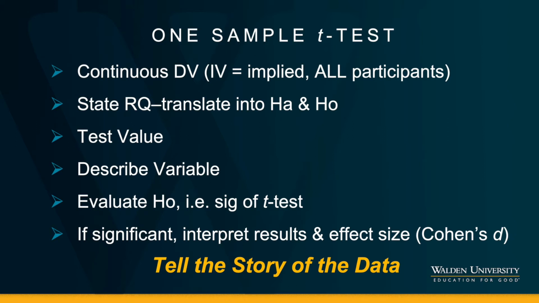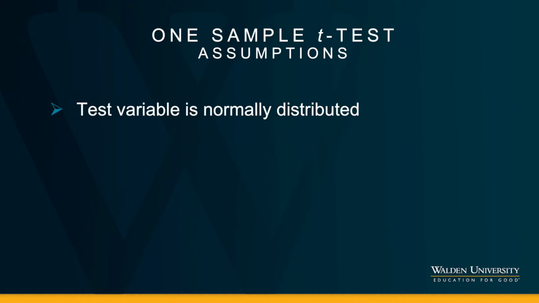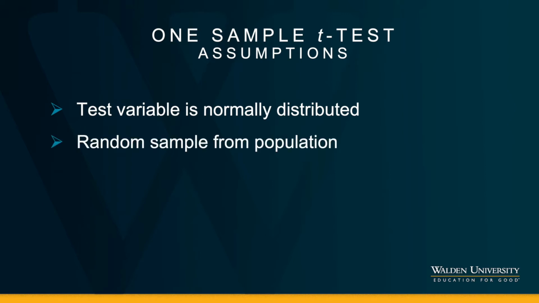Now, every test comes with its own set of assumptions, and we will briefly address these here. This one sample t-test assumes that the test variable, the dependent variable, is normally distributed, and that we randomly sampled from the greater population.